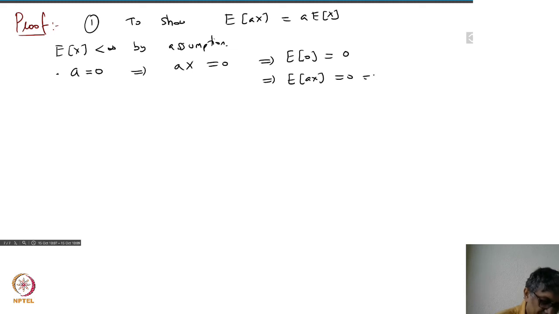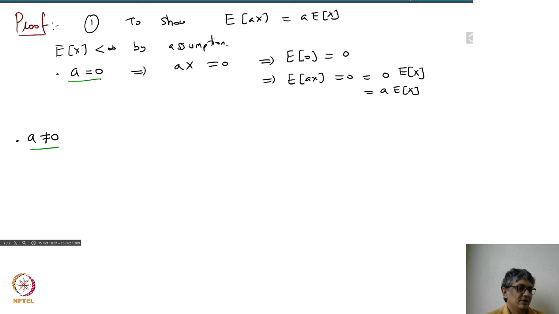And 0 is the same as 0 times E of X, because E of X is finite. This part is clear. Now, let's say a is not 0. So a is 0, the case is clear. If a is not 0, what happens?